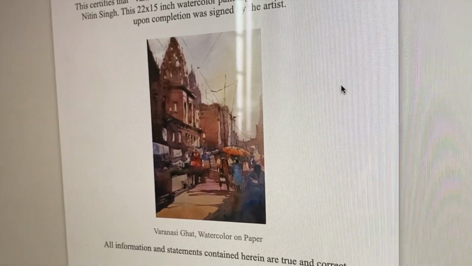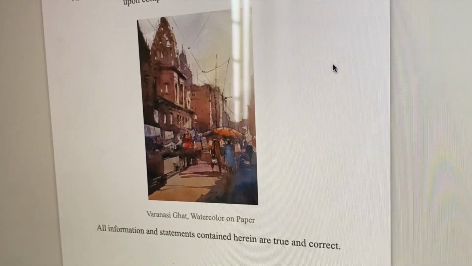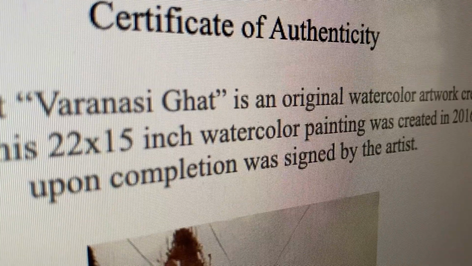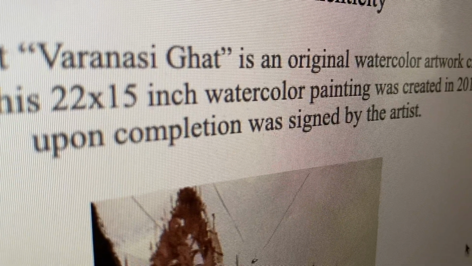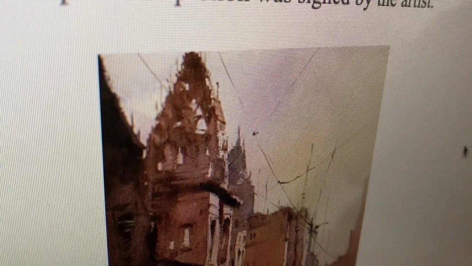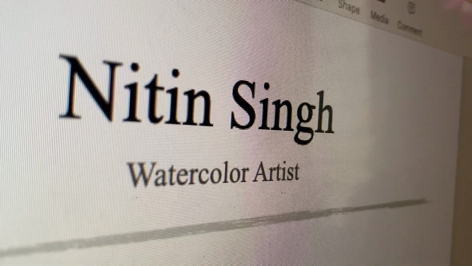I have a template which I edit based on the painting specification and all of those details, and I sign it, my original signature, at the bottom of the authentication certificate.